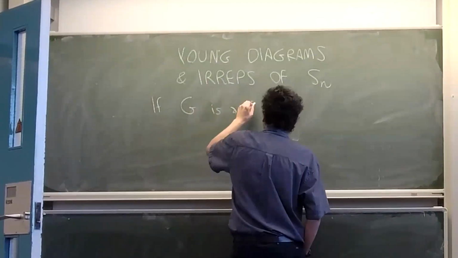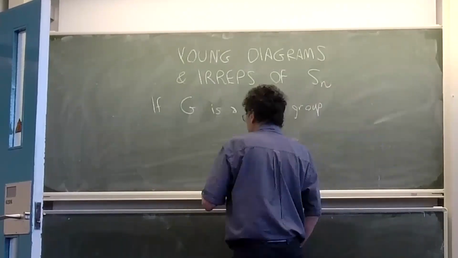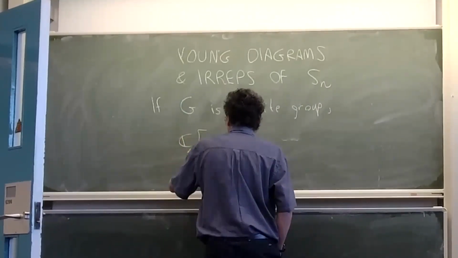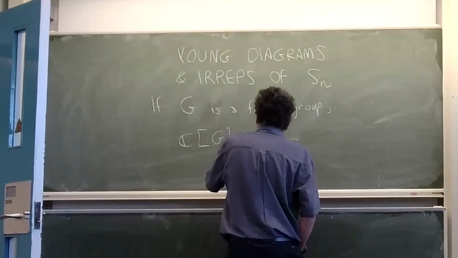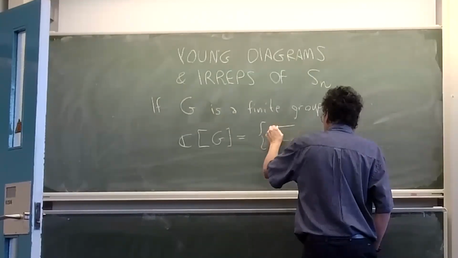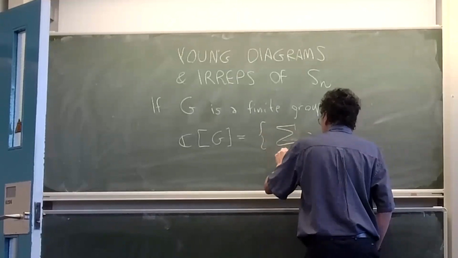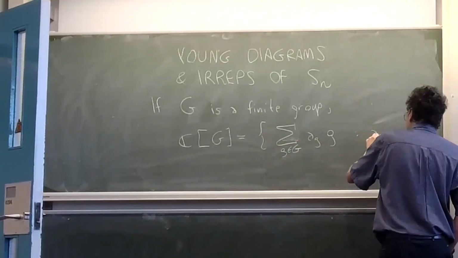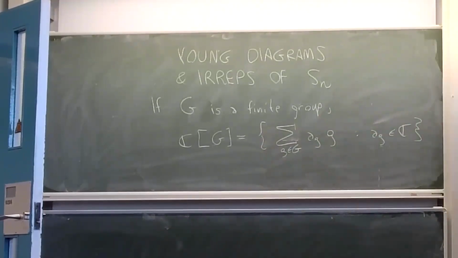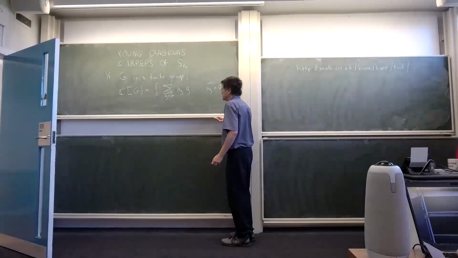So if G is a finite group, there are a couple of theorems that imply that its group algebra is isomorphic to something semisimple. By definition, the group algebra means you take formal linear combinations of group elements with coefficients a_g that are complex numbers, and it's obvious how to add those, and then you multiply them using the multiplication in the group G, and so you get an associative algebra this way.